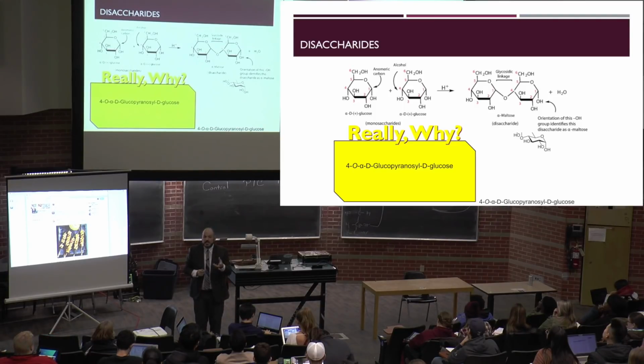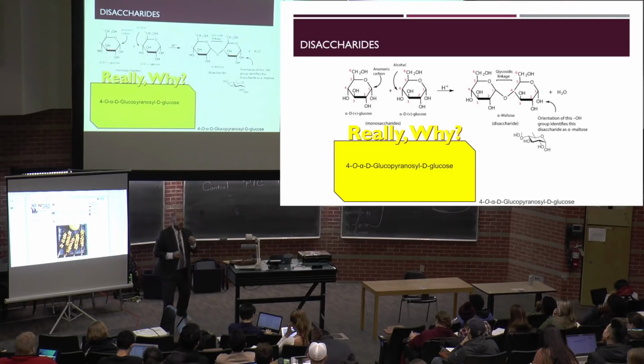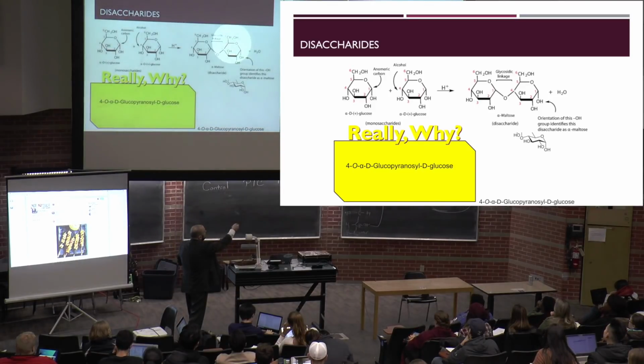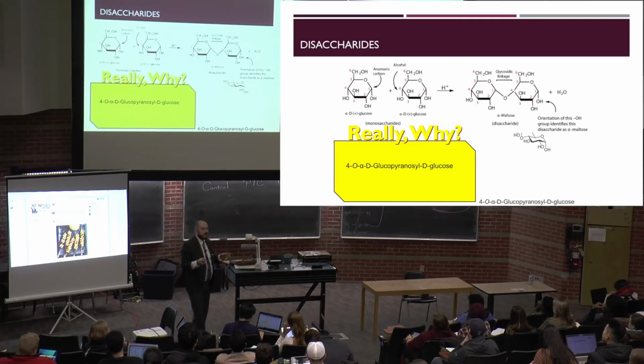So 1,4 alpha maltose is a reducing sugar. If we had an alpha 1,1, that would no longer be a reducing sugar. If we took this glucose and flipped it over and now took this hydroxyl group to react with this hydroxyl group, it would no longer be a reducing sugar.